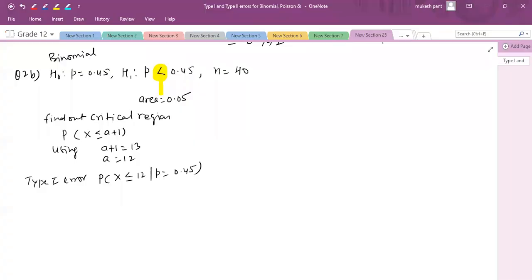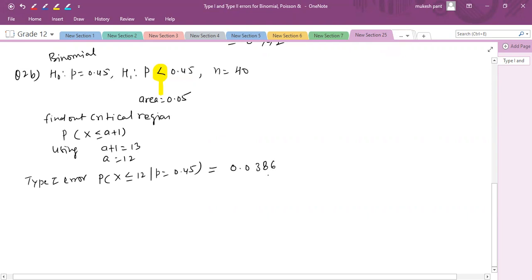Type 1 error means we are looking at the critical region, so the critical region is x less than or equal to 12, with probability 0.45. When I put this value in the Casio GDC, I get 0.035858, so I can write 0.0386. This is the type 1 error.